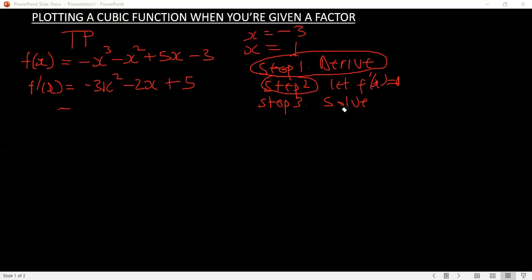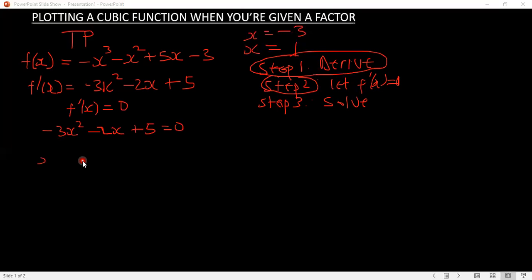We let the derivative, f prime, equal to 0. So it's going to be negative 3x squared minus 2x plus 5, which is equal to 0.